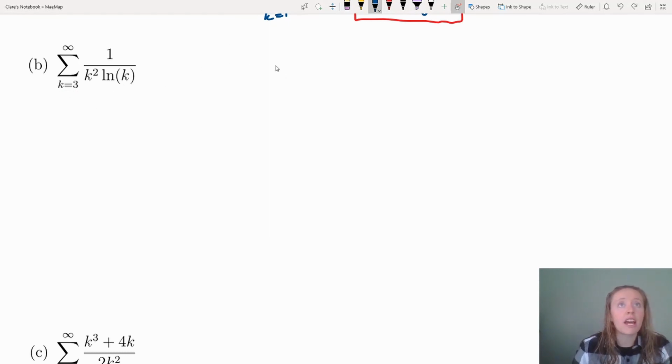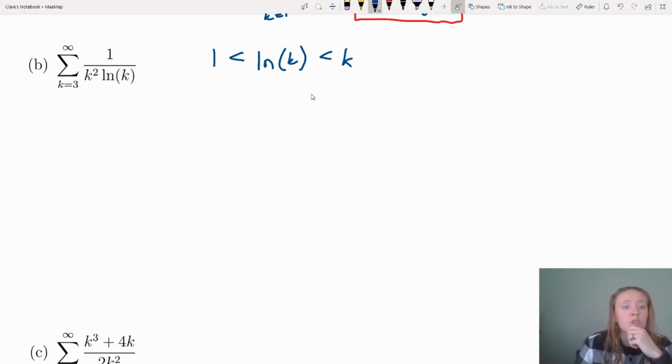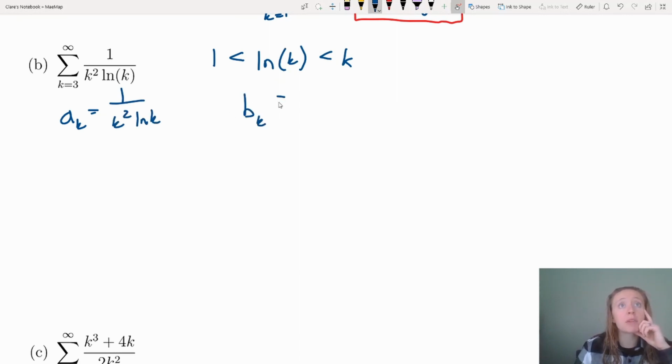So we know that the ln of k is always going to be greater than 1. And we also know that the ln of k, by growth rates, is always going to be less than k. So a good comparison for this, if a sub k is 1 over k squared times ln of k, a good comparison for this would be b sub k as 1 over k squared.